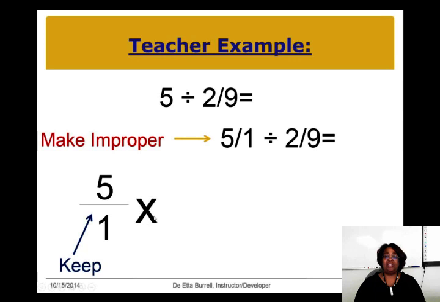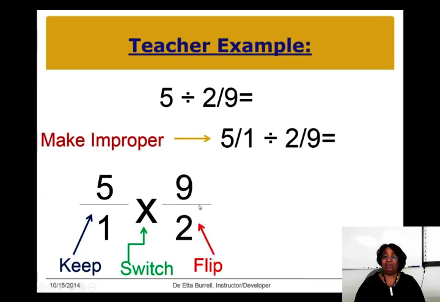Now, what allows me to do this and make it multiplication is what I do with the second term. So this is switch the operation to multiplication. I'm going to flip, which is basically take the reciprocal of the second fraction. You only take the reciprocal of the second fraction. This allows me to multiply because I'm flipping the numerator and the denominator's locations. So you're going to remember this little phrase: keep, switch, flip.